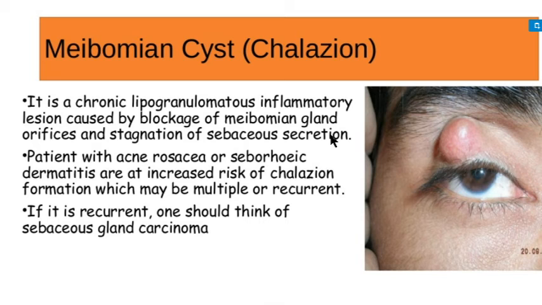Patients with acne, rosacea, and seborrheic dermatitis are at increased risk of chalazion formation, which can be multiple or recurrent. If it is recurrent, one can think of sebaceous gland carcinoma, but this is not usually seen.